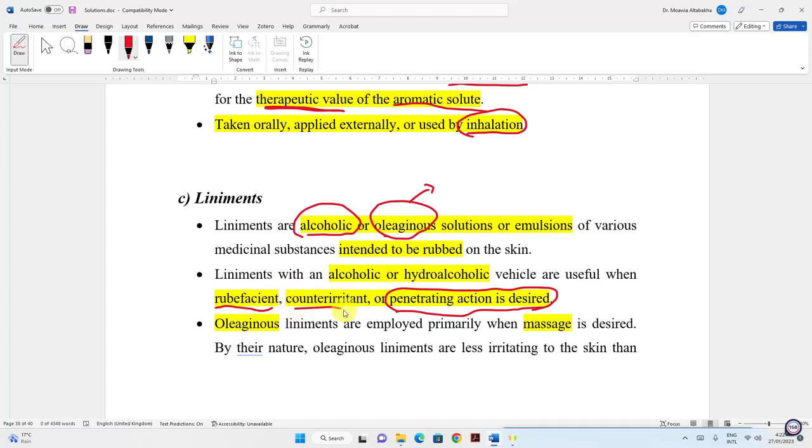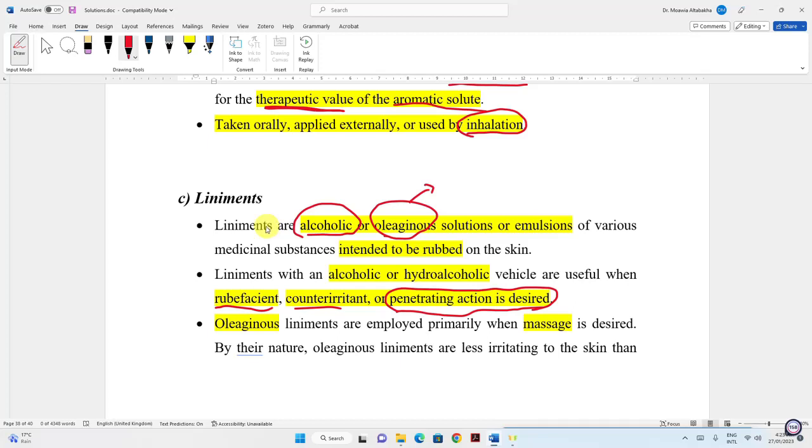Counter-irritant counters the pain in your muscles. It causes kind of irritation, so you will forget about the pain in your muscles. It's oleogenous when massage is more required. It's alcoholic when I want the penetrating action, the counter-irritant effect, and the rubefacient effect.